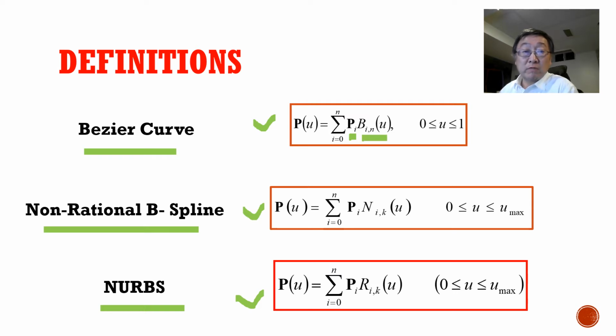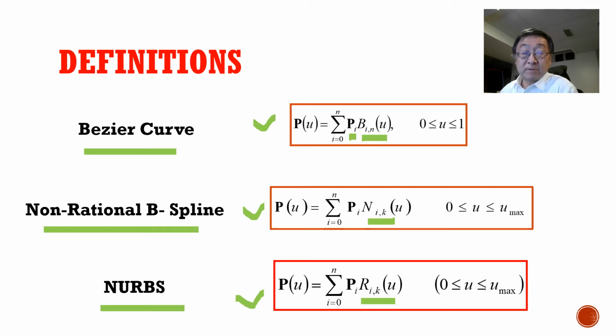So the only difference between these three curves is these functions; they're different. In the Bézier curve, the function is a Bernstein polynomial. For the non-rational B-spline curve, the function is a non-rational B-spline function.